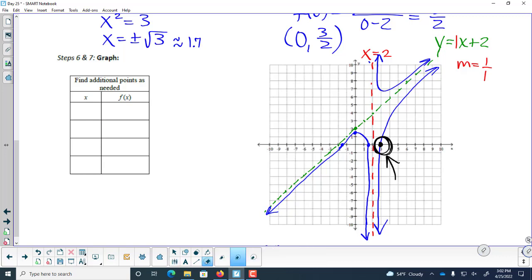You're maybe not used to these. I've done this a few years, and sometimes I have an idea and sometimes I have no clue if I've never seen the graph. That's where you pick something on that side and plug it in. I maybe plug in 3. Sometimes if you go too far out, they're really high, but at least then you know where the curve is. If I plug in 3, I get 6.